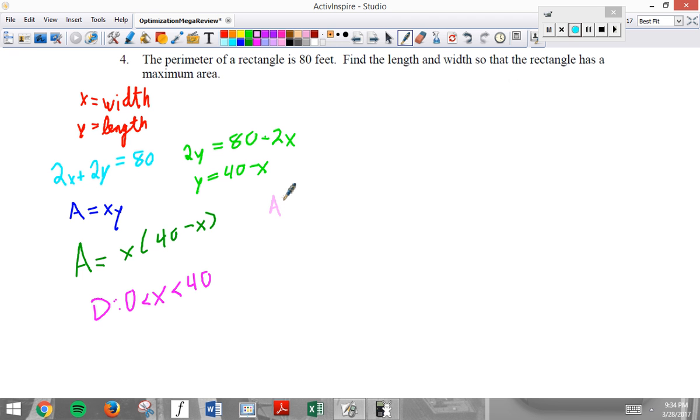A prime. Guess what? It's going to be 40 minus 2x. So A prime equals 0 when x equals 20. And for once, 20 is actually halfway in between.